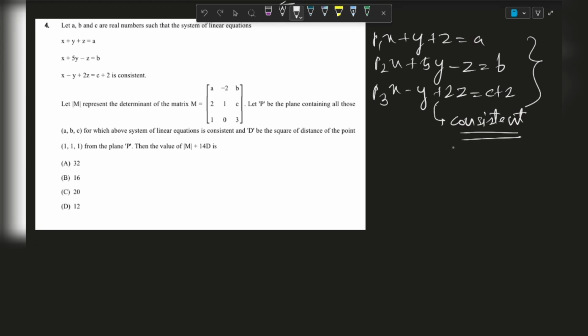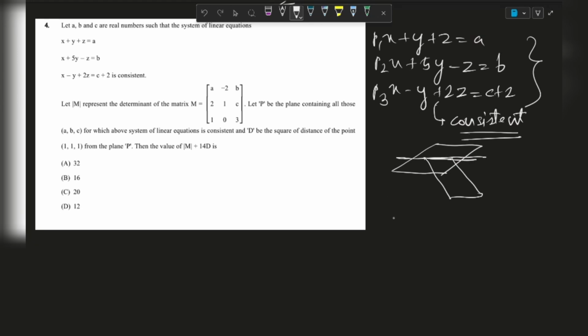Basically what it means is that these three planes will be intersecting somewhere, because the intersection of two planes makes a line. I will try to draw it out. Here is one plane, and if another plane intersects it like this, the intersection of two planes is a line. Anyways, this is not relevant here.